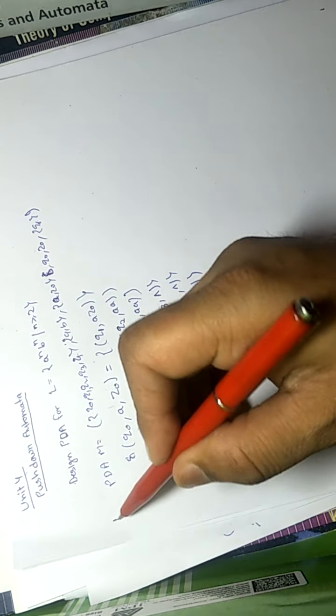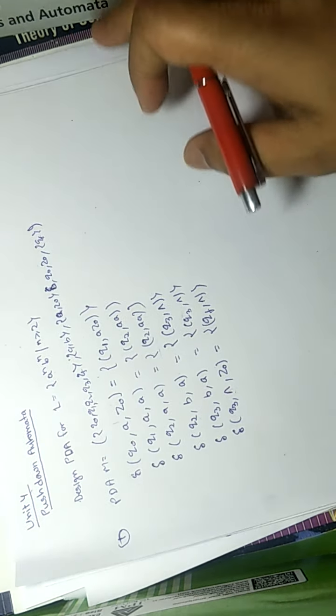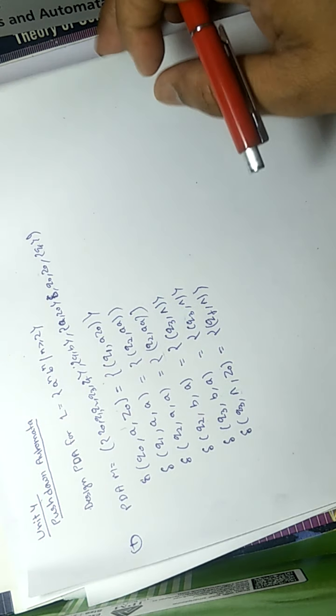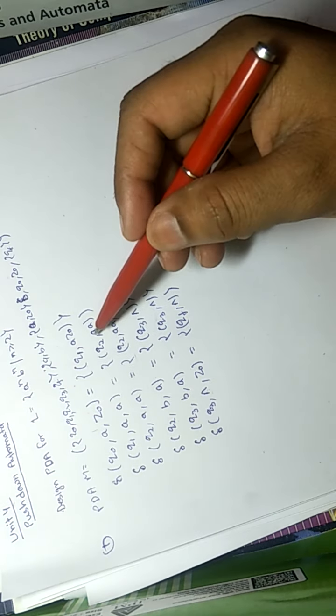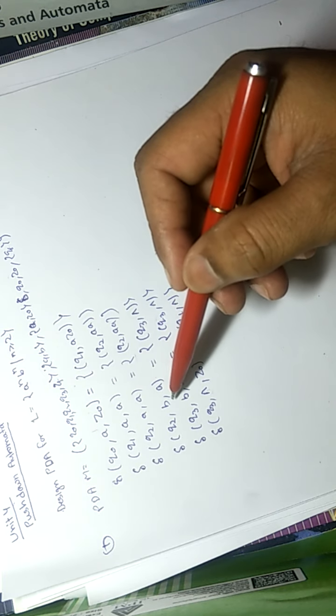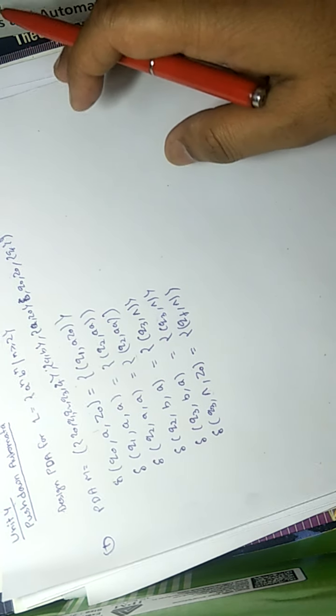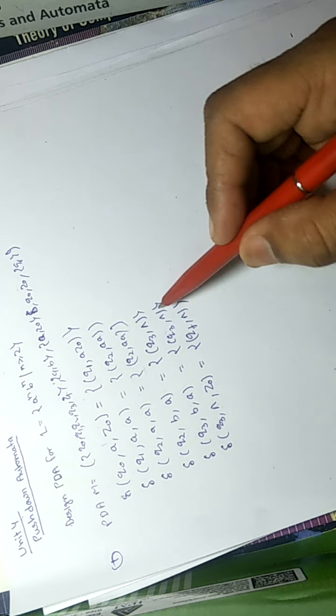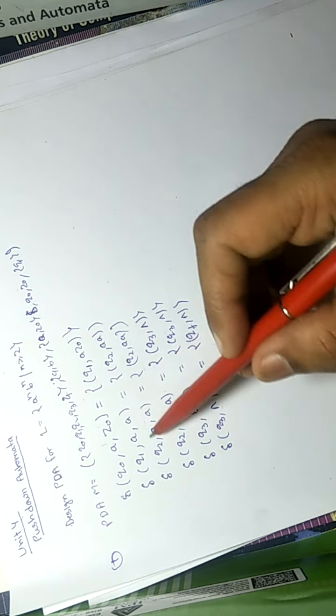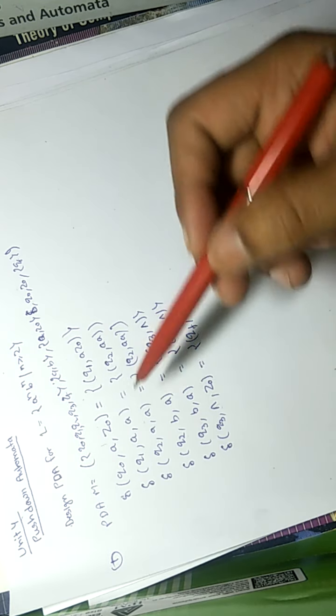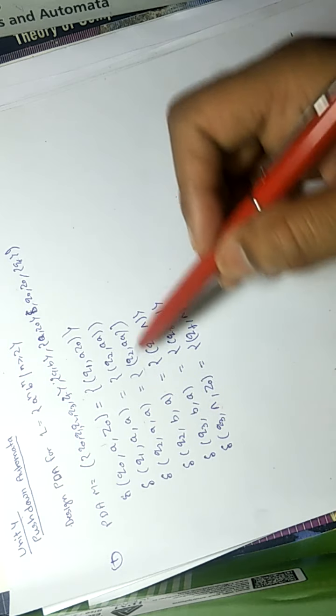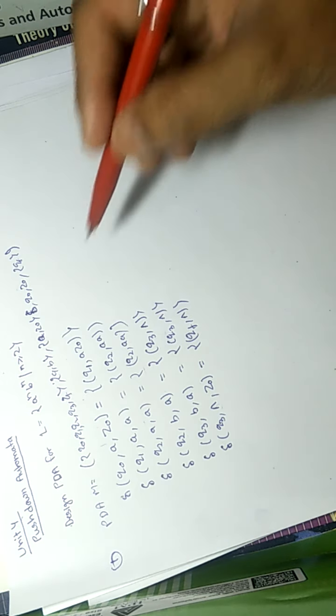This is the first way. So we read minimum 2 a's and we popped all a's with each b. It means there are minimum 2 b's also, and there can be any number of b's and any number of a's after reading 2 a's.